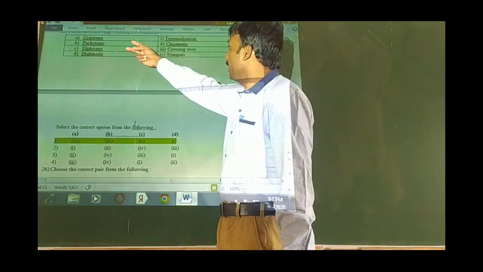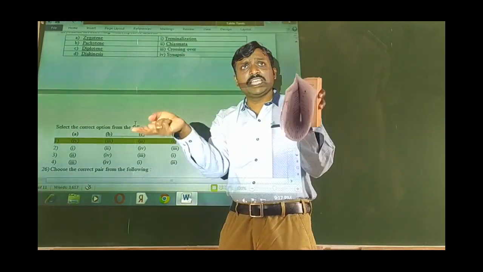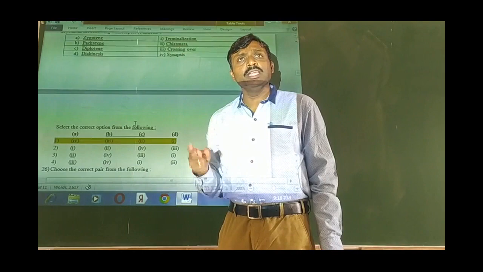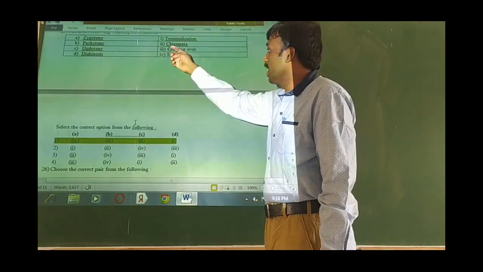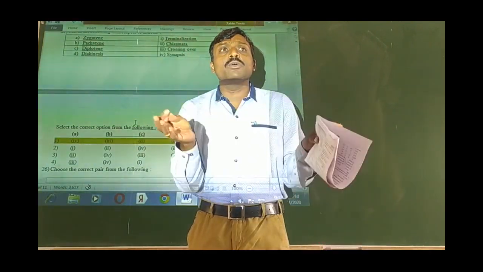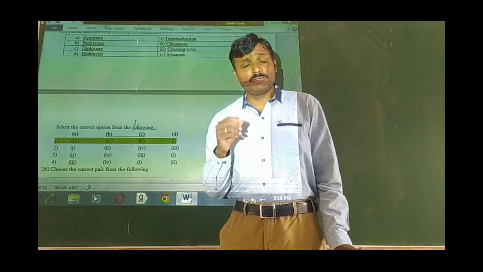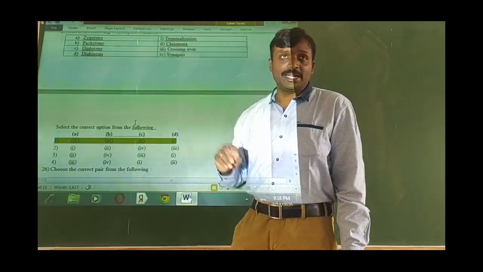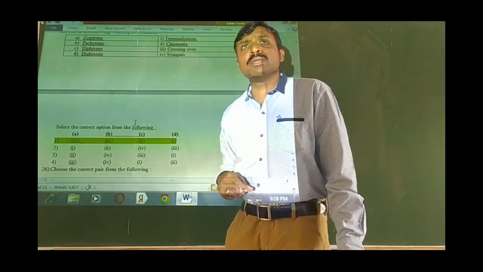If you go through pachytene, B3, that is crossing over, the exchange of genetic material between non-sister chromatids. Then diplotene, C stands for 2. The X-shaped structures after crossing over are called chiasmata. Then the last one, diakinesis, D is 1, terminalization.